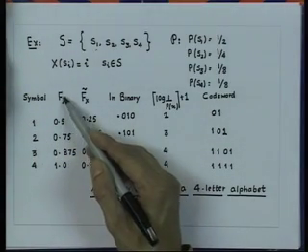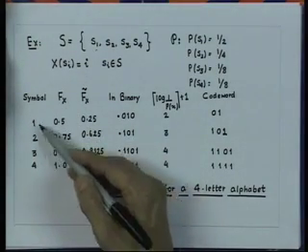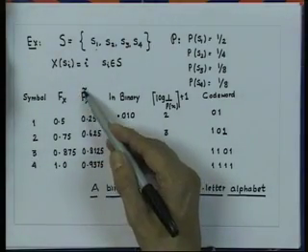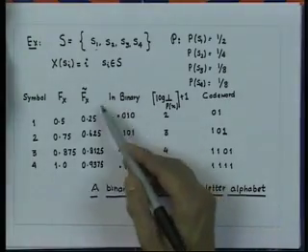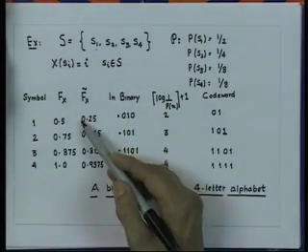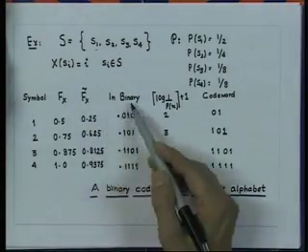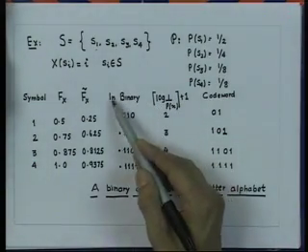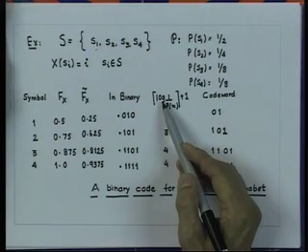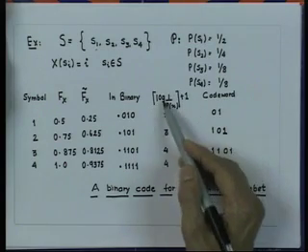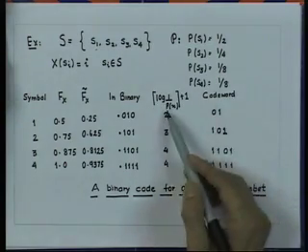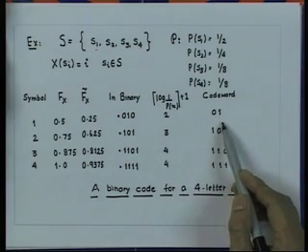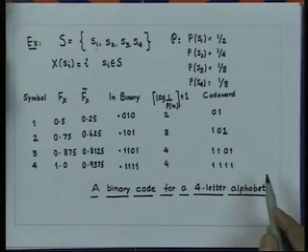So, we have the cumulative distribution function for each of the symbols. We can get a modified cumulative distribution function for this symbol as shown here. Then the representation of this cumulative distribution function in binary is given as shown here. Then we truncate this binary representation by the length which is calculated as shown here, and using that we get the code word as shown in the last column.